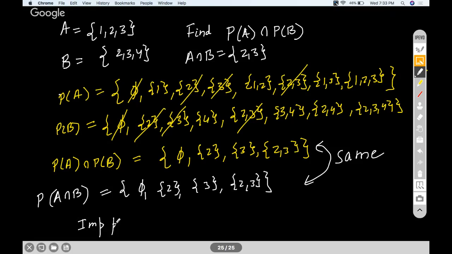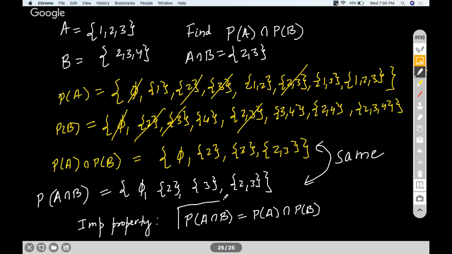Please note this down. Power set of A intersection B is same as power set of A intersection power set of B. Is that fine?